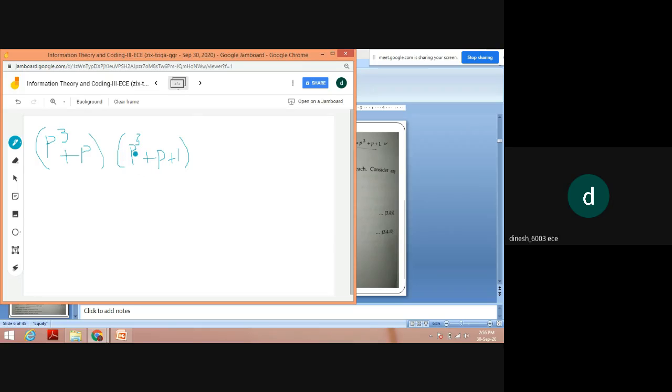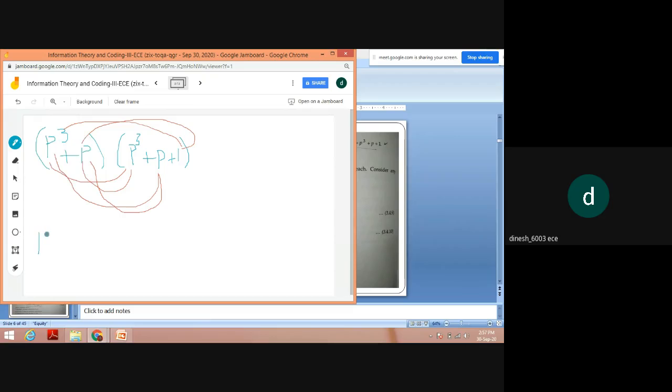So now multiply this P3, I'll highlight in red color. P3 with P, P3 with P power 3. Then P with P3, P with this P. Then this one with P3, this one with P. I'll be getting the answer.